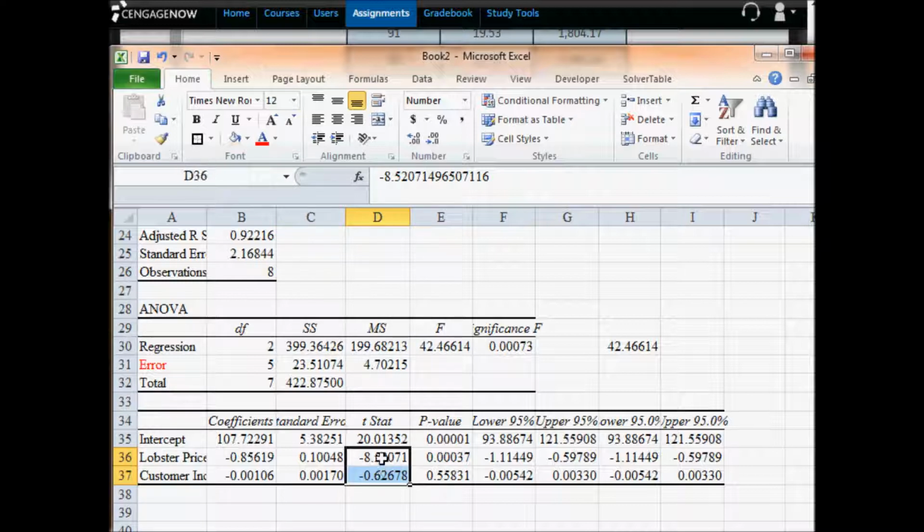Generally speaking, the bigger the square of these values, the bigger the F-stat is going to be. This one is pretty small when we square it, but this is over 64 when we square it. So maybe you can think of it as the average t-stat squared. Generally speaking, if these are large after you square them, the F-stat's going to be large.